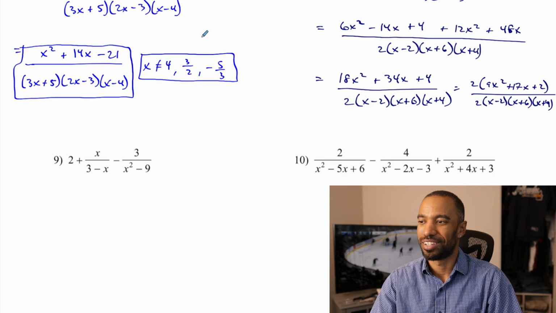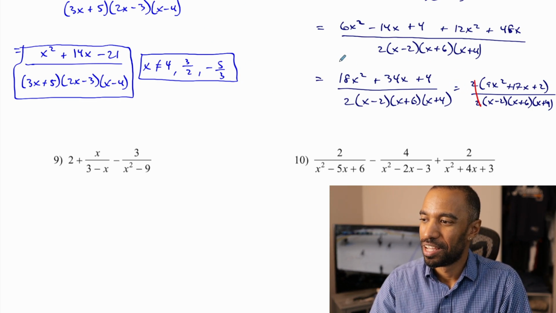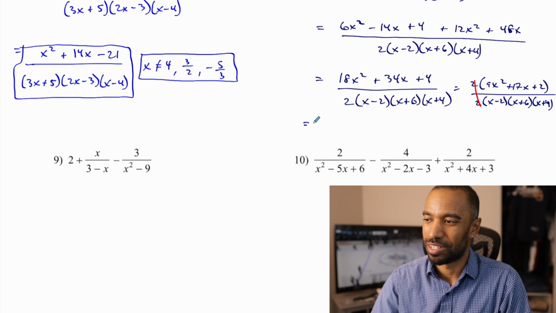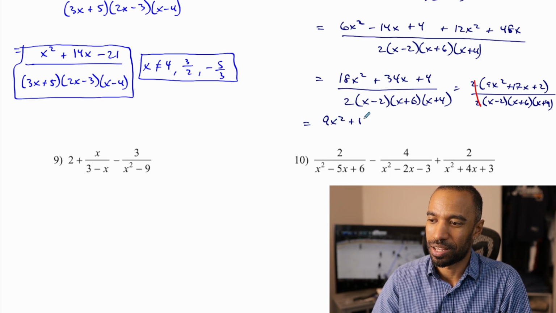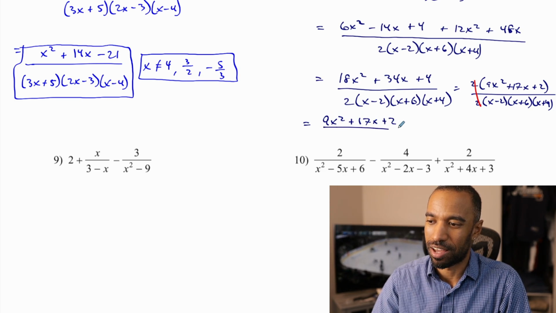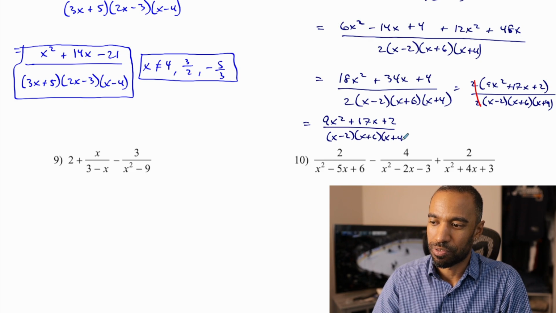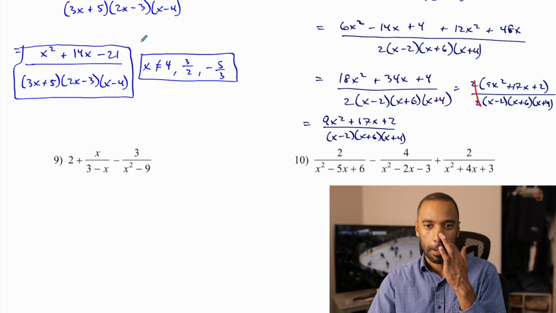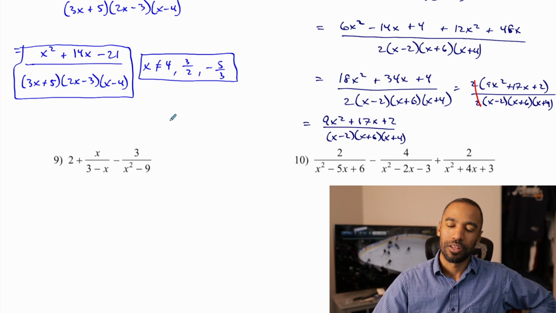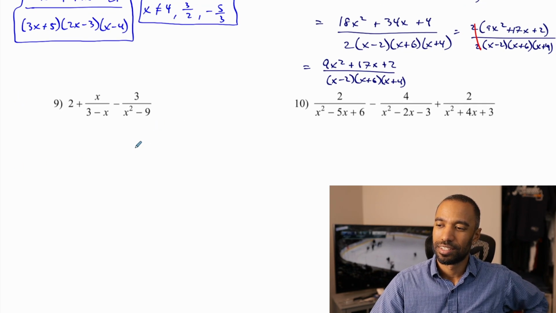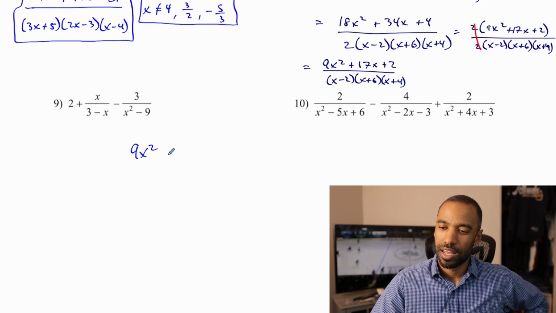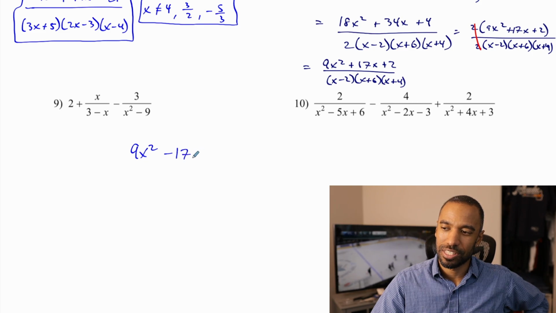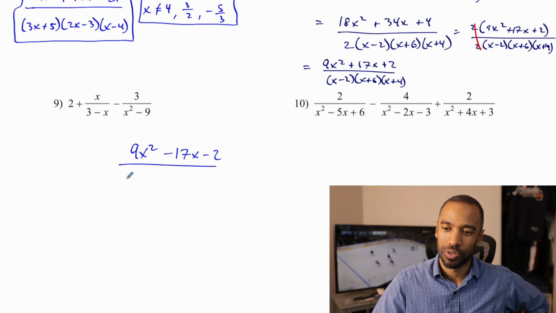Wow. I want to show you something in a bit. So that becomes, finally, 9x squared plus 17x plus 2 all divided by x minus 2 times x plus 6 times x plus 4. Now, not that we can just make up and change problems, but let's say that said 9x squared minus 17x minus 2.